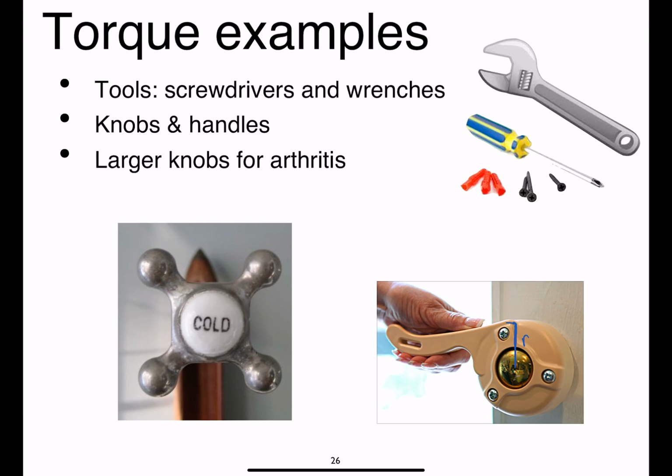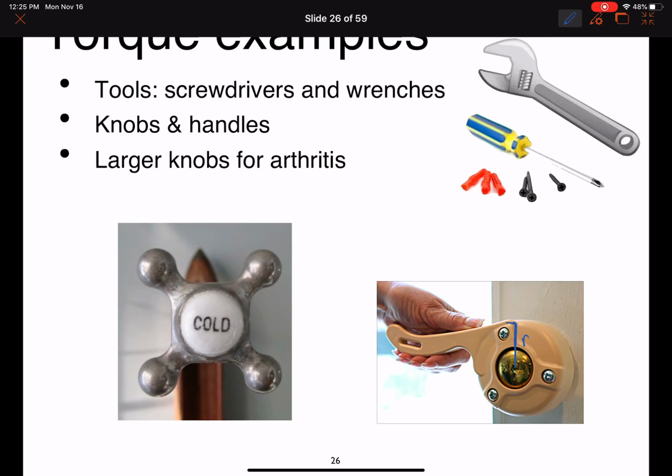Sorry, I drew my things incorrectly here. Your moment arm would be, this would be r, so you apply the force down. If you increase the r, you would have to apply less force.